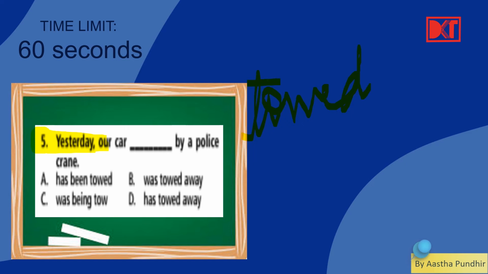So C is anyway incorrect. And here the correct answer is B, was towed away, because it is talking about the past. And the others, has been towed, has towed away, these are forms of present tense.